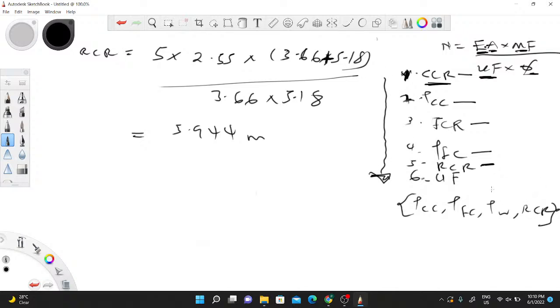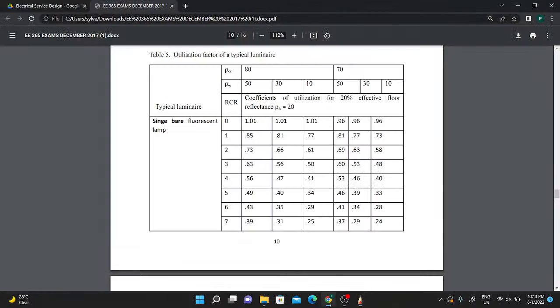So after that, I'll find UF using row CC. Row CC was 80, row FC was given in the table to be 20, row W is 50, and RCR is 5.944. So we come to the table, table 5.